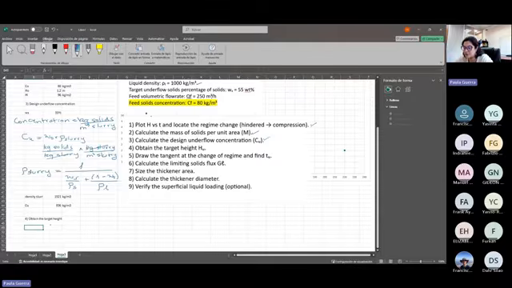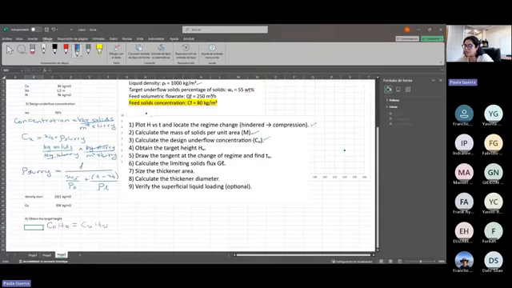So here C0 times H0 is going to equal Cu times Hu.